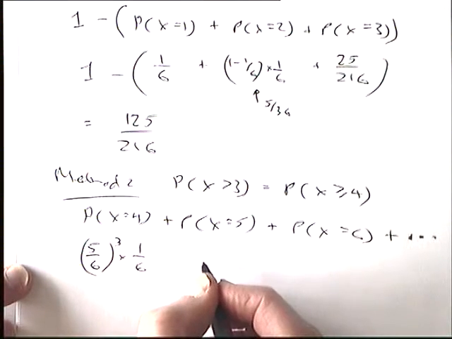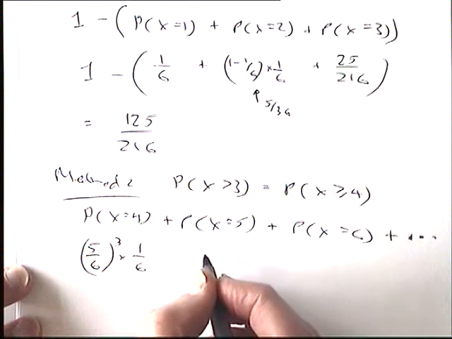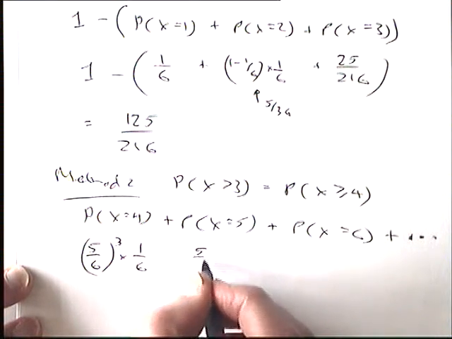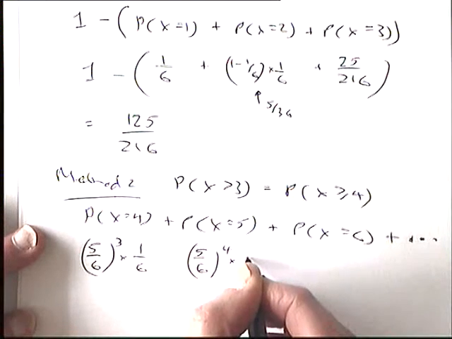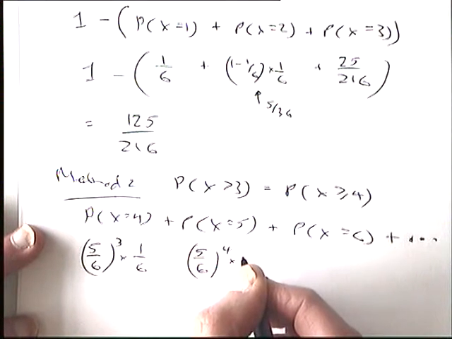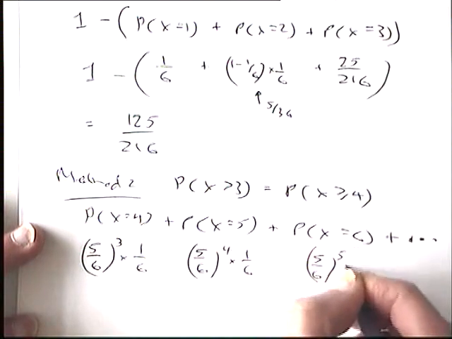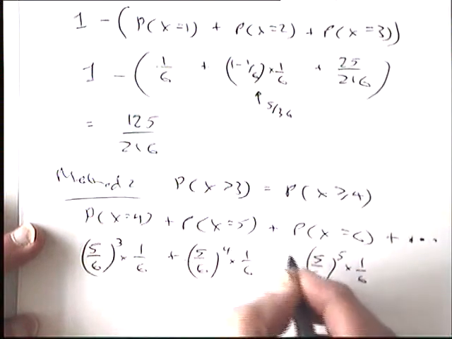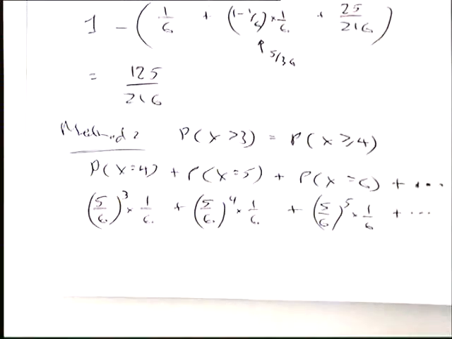Grace, can you tell me the next one, please? 1 minus 1/6, to the power of 4, times 1/6. Yep, that's right. And over here it'll be one more failure. And that is an infinite GP.